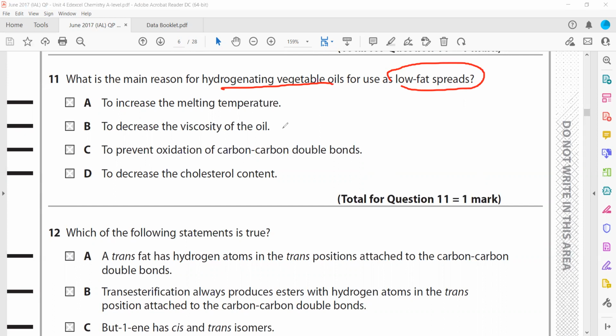So if we don't want them to spread, it means we want to increase the melting temperature, and hydrogenation will increase it. To increase the melting points, it does not melt at low temperature, because if it could melt at low temperature, it would spread easily. So basically we are increasing the viscosity rather than decreasing the viscosity.